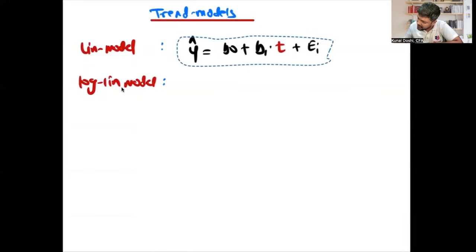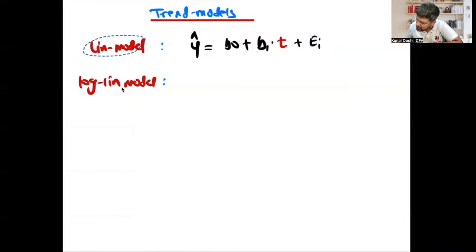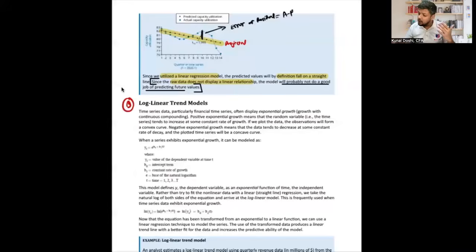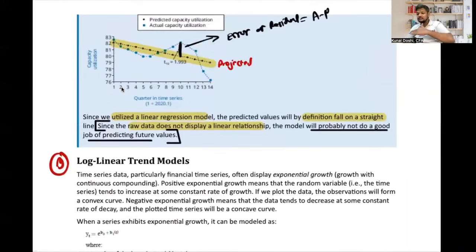And now we will understand when I am supposed to use the log-linear model. Sometimes the linear model will not do a correct job in predicting the outcome, as we just saw in the manufacturing example, where the trend line is going in one direction, but the actual capacity utilization is way different.